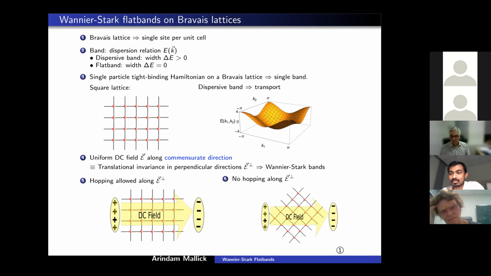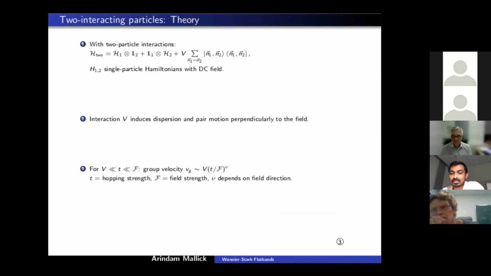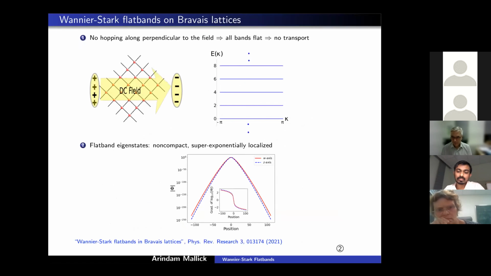So destructive interference definitely does happen, but in a much more complicated way, I think. It's not like you have some simple conditions that ensure that the amplitudes do not spread. You get super-exponential localization basically, instead of just the compact one. Yeah, that was all I wanted to comment.